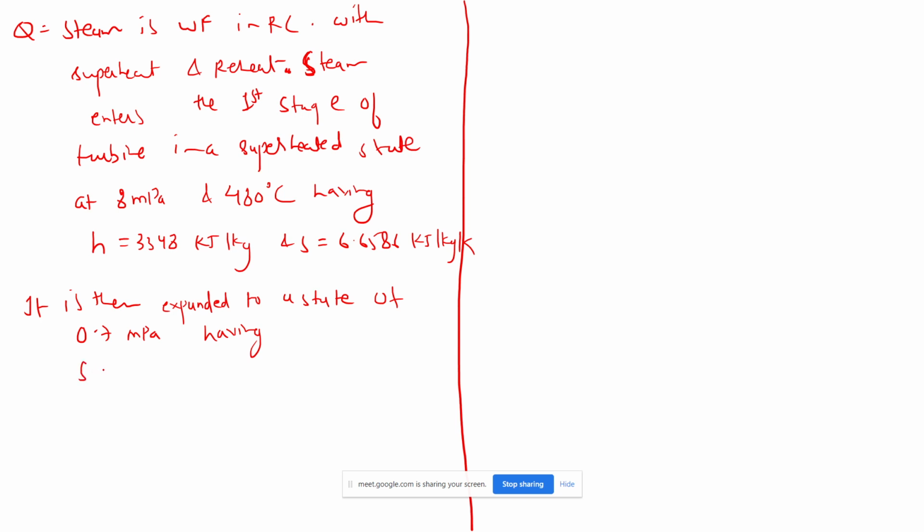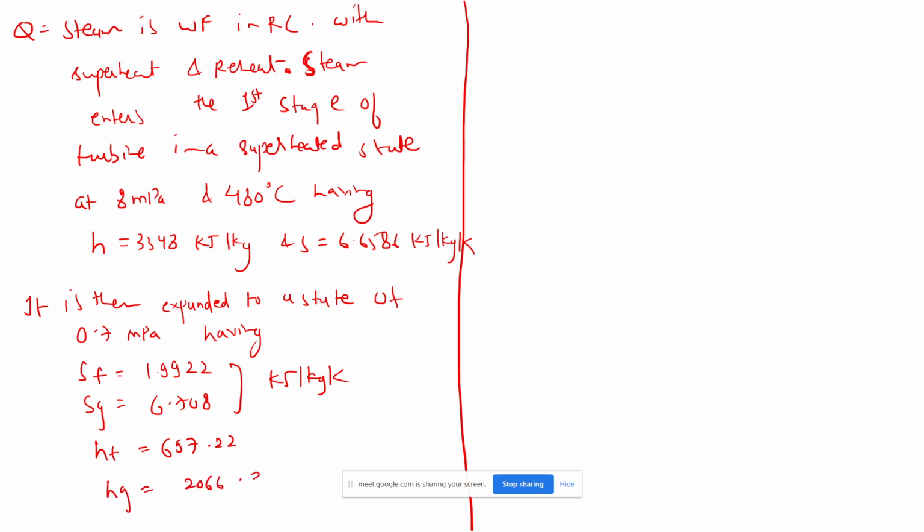I am writing these values: Sg is 6.7278 kilojoule per kg Kelvin, Hf is 697.22, Hg is 2066.3.